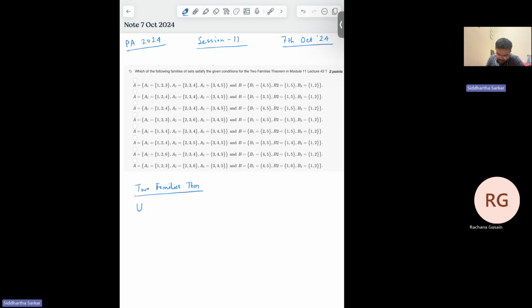One family is the A family and the other is the B family. In the A family there are M sets, denoted A1, A2, A3 through AM. And in the B family also there are M sets.